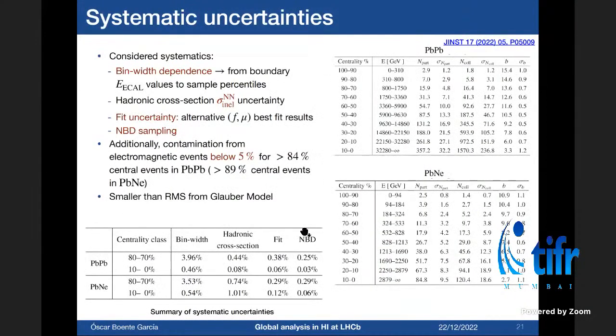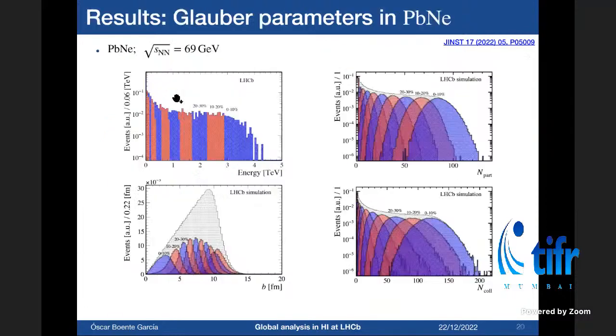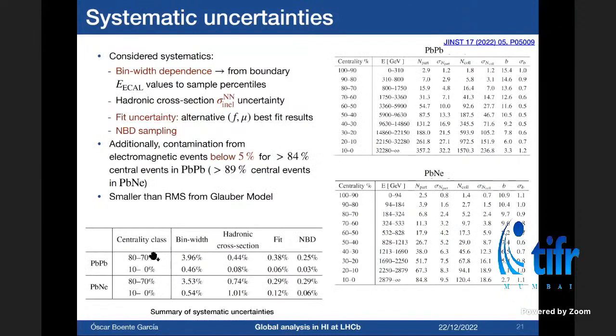Finally, we consider some systematic uncertainties that might be interesting to go into. First is to look into how much our determination of the centrality bins depends on how much we bin this histogram. We bin it much finer to get these values, but at the end there is some computational limit, but this uncertainty is small.